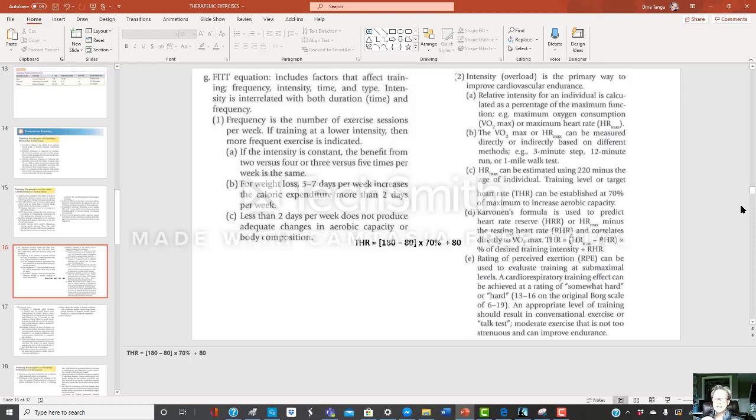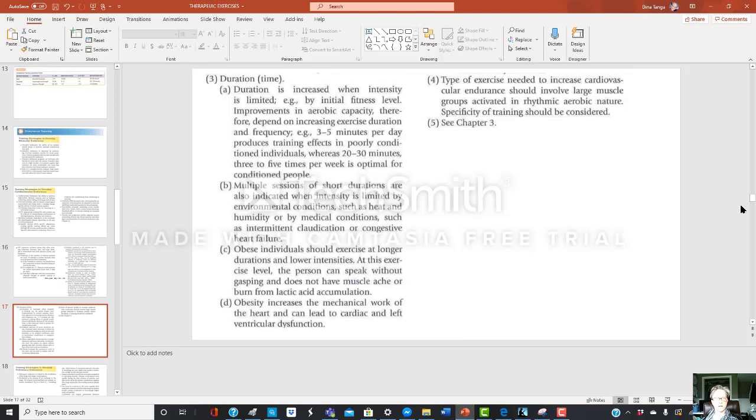Moderate exercise that is not too strenuous can improve endurance. So to improve cardiovascular endurance, the cardiorespiratory training effect needs to be between somewhat hard and hard, which is 13 to 16 on the original Borg scale of 6 to 19.